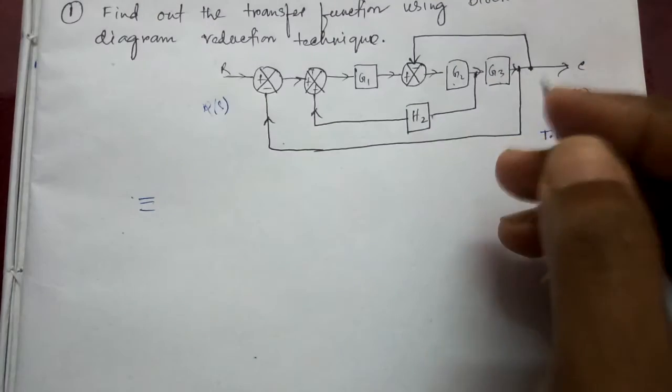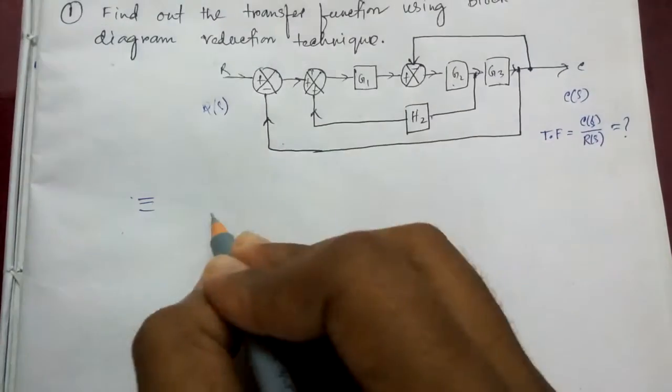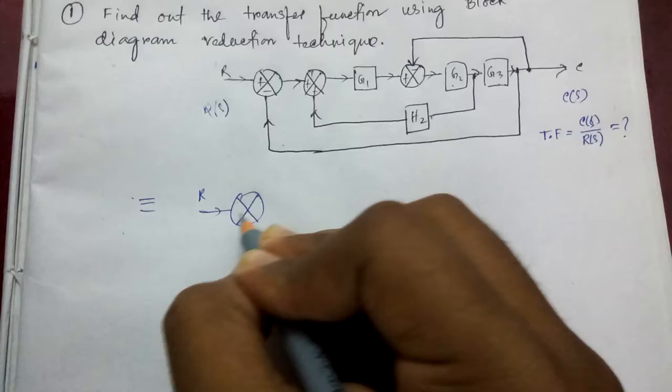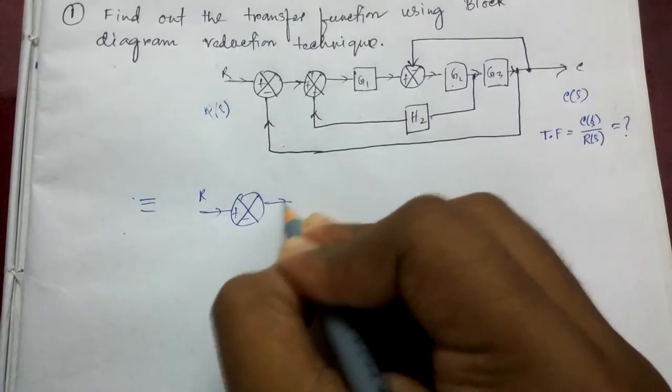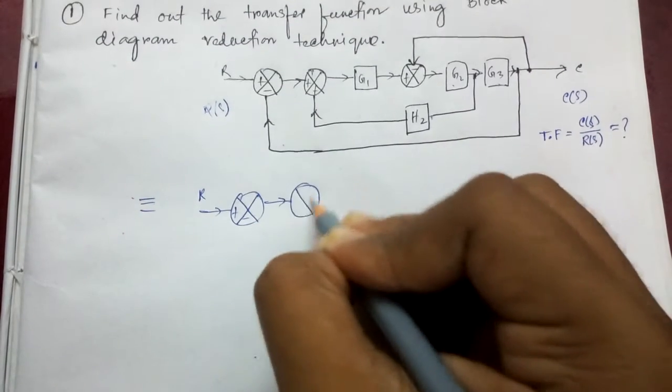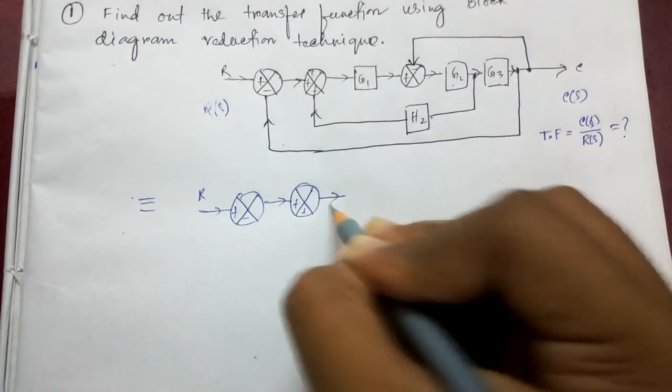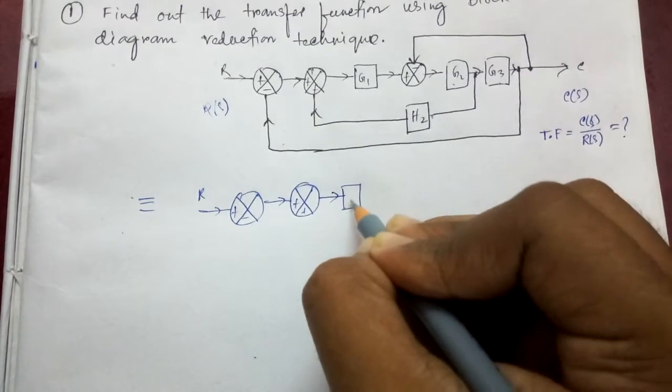Now we have to draw every step, so I am drawing the first step. This will be as before, and these are the adders, or we can say a summer.